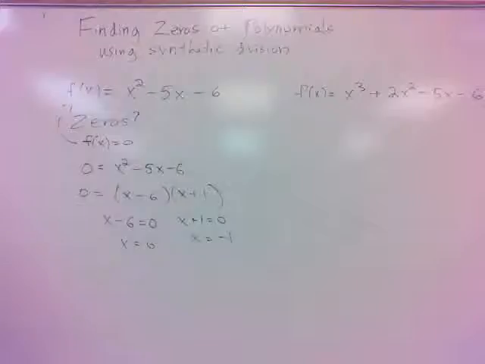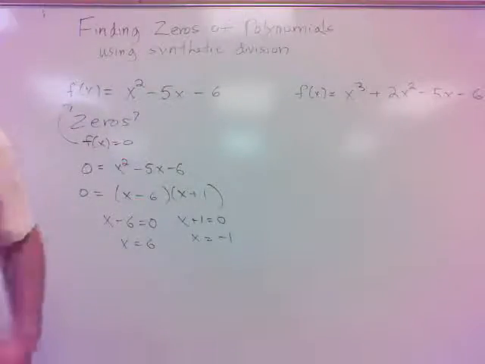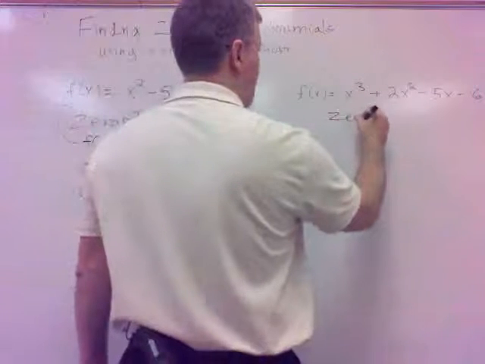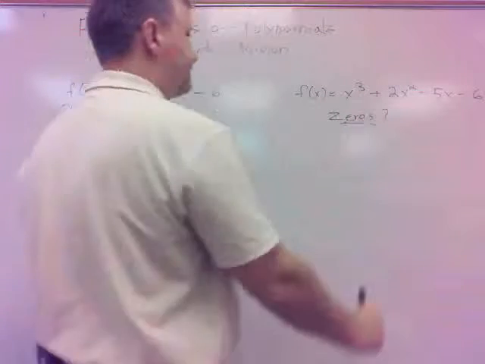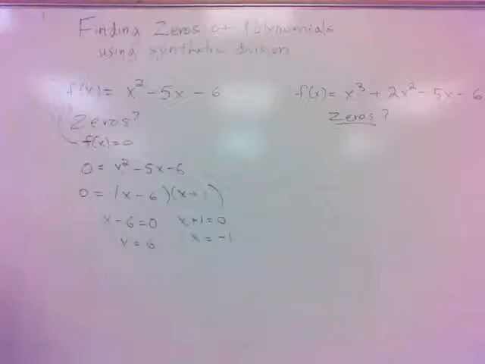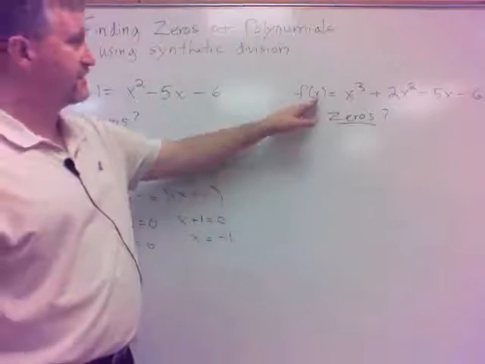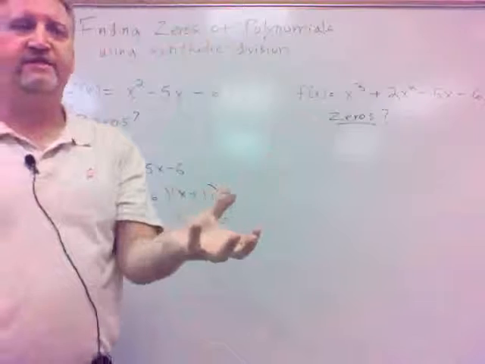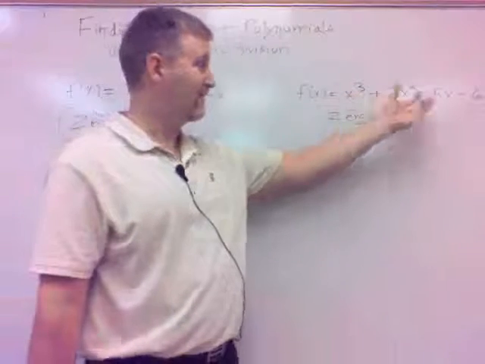The thing about that is, if I set that f of x to 0, talking about the zeros again, with what we previously have done, that's going to be a hard thing to factor.